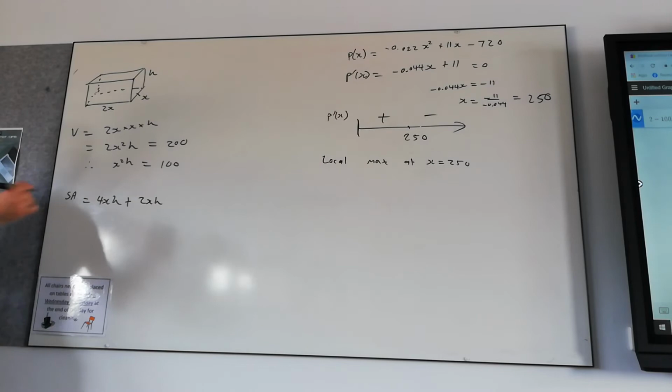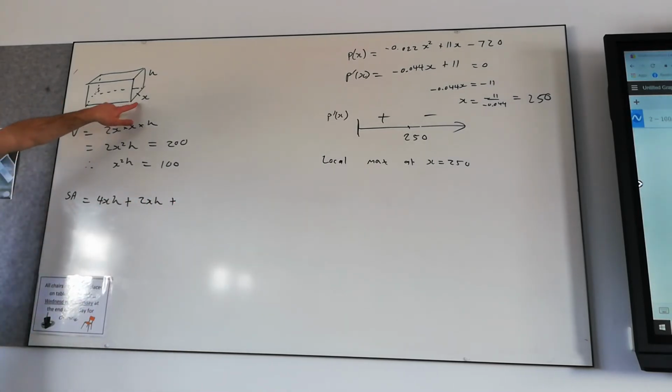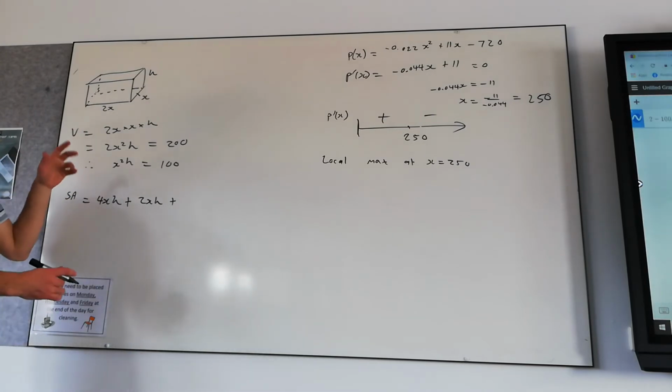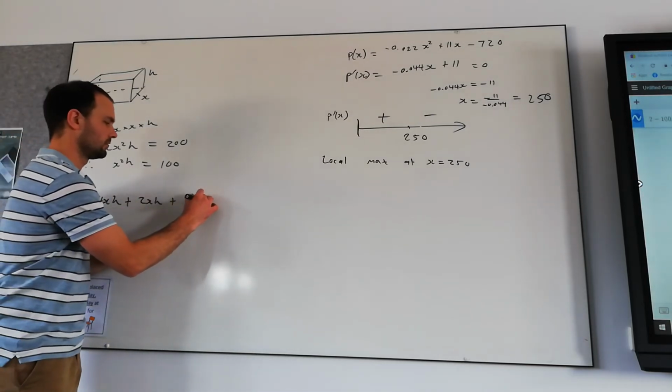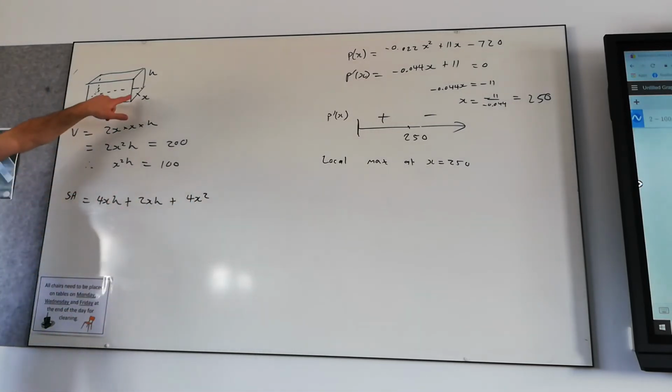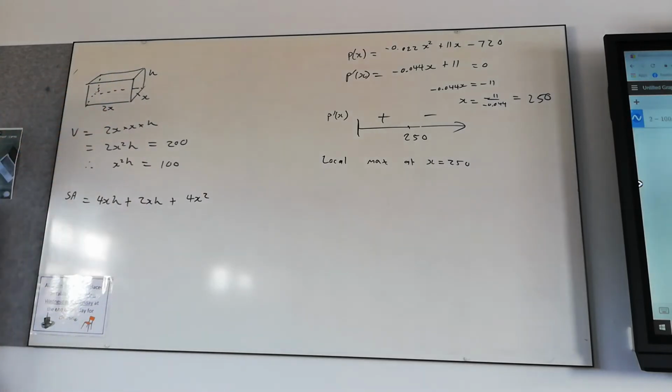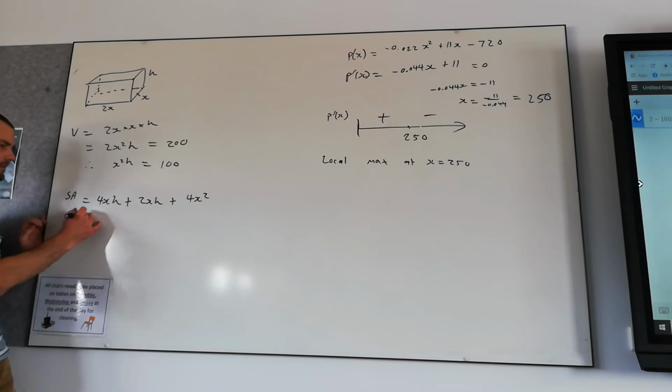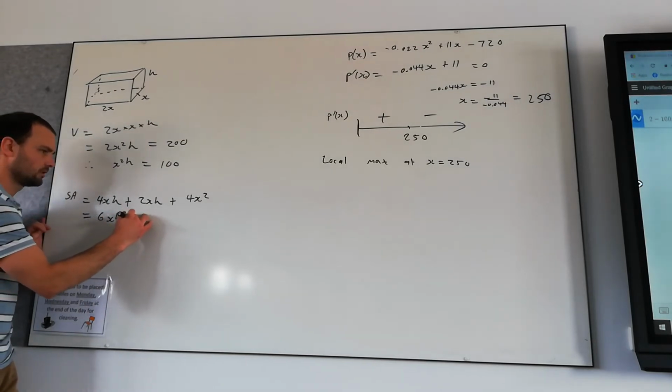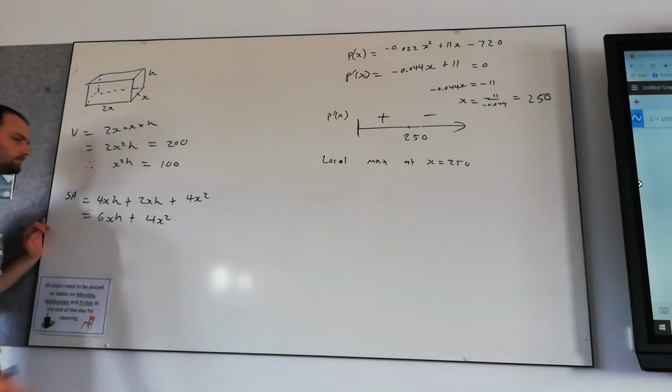And then the bottom is 2x times x, and so this is the top. We've got 2x squared at the bottom, 2x squared at the top, so 4x squared. Okay, we can collect these. That's going to be 6xh plus 4x squared.